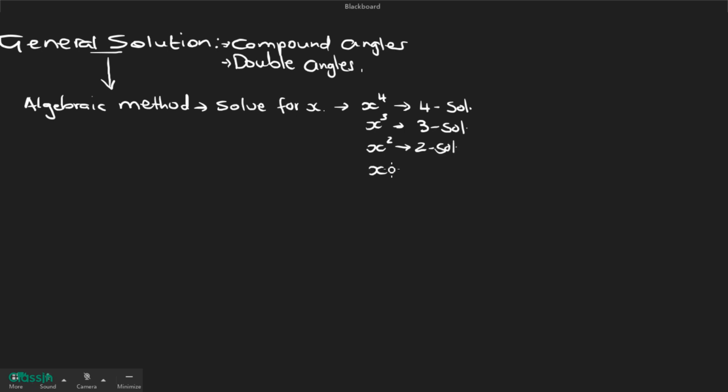And if my x has the degree of 1, it means that I've got 1 solution. So the very same way that we work with algebraic equations in terms of solving for x, the value of your degree tells you exactly how many solutions you need for that particular equation.